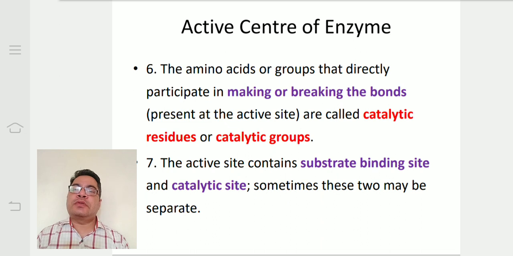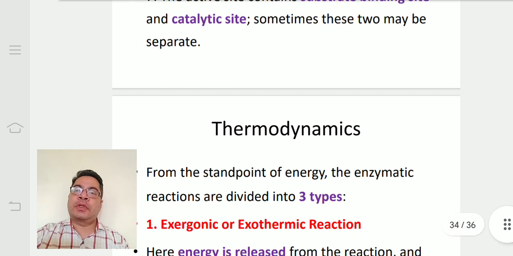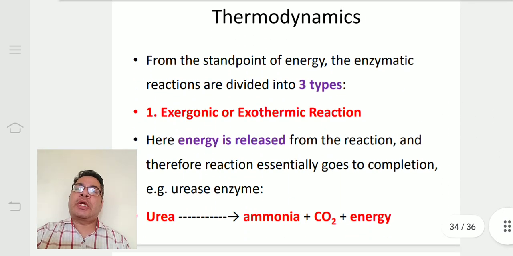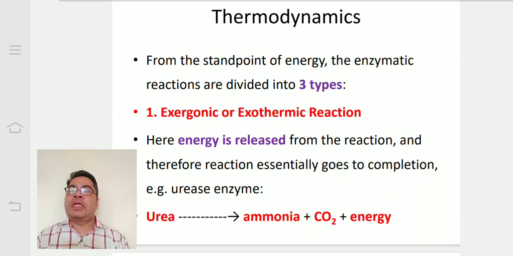Coming to the thermodynamics of the enzyme. From the standpoint of energy, the enzymatic reactions are divided into three types. First, exergonic or exothermic reaction. Here, energy is released from the reaction and therefore the reaction essentially goes to completion.